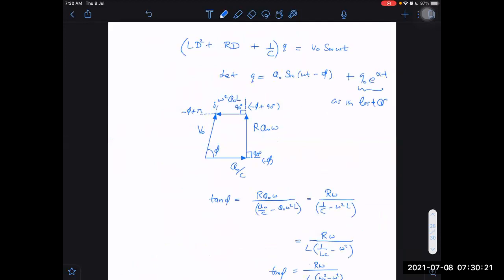So I am writing it here. This second term becomes 0 as t tends to infinity, because alpha has a negative number. If it has some real part, that real part will always be negative.